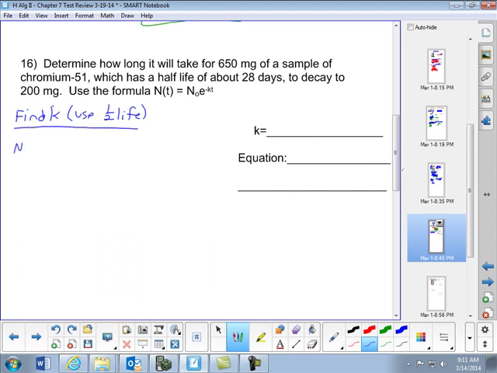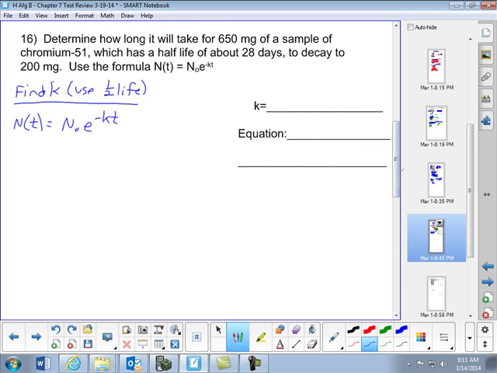So again, our formula is N sub t equals N sub 0 e to the negative kt power. And it says that you have a 650 milligram sample and that the half-life is 28 days. It tells you right here, half-life is 28 days.